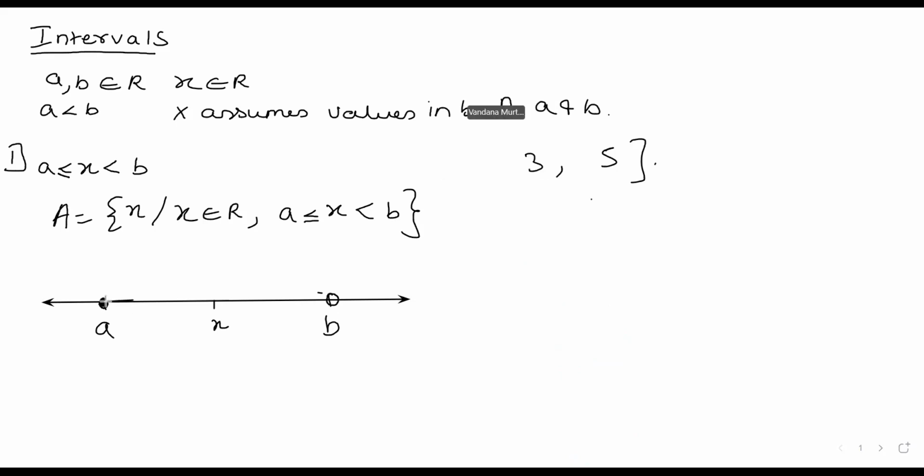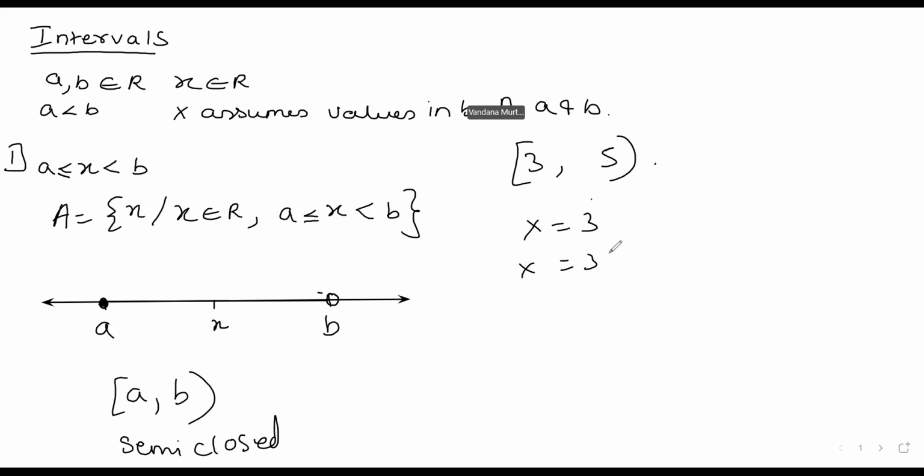And this is your X, assuming A, not assuming B. इसको लिखा भी ऐसे जाता है, A को तो assume कर रहे हैं, लेकिन B को assume नहीं करते हैं. इसको हम लोग बोलते हैं semi closed. तो अगर ये semi closed है, तो X will assume 3, then X will assume 3.1, so on, but X will stop at 4.9 only. अगर इधर 3 है और इधर 5 है, तो X इसको तो assume करेगा, लेकिन इसके पहले रुक जाएगा. This is semi-closed interval.